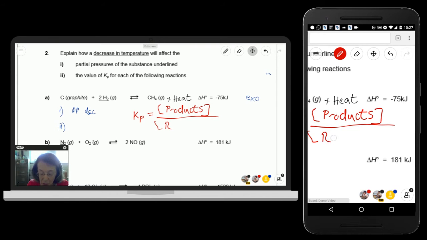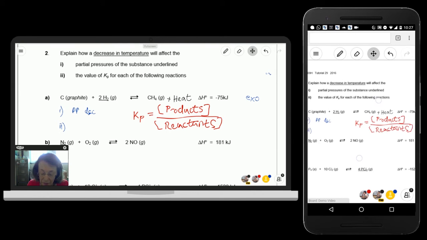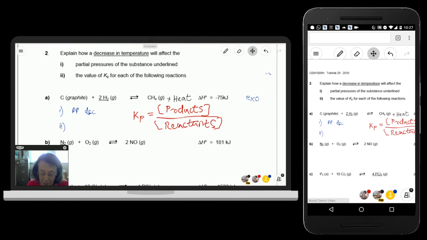The P means partial pressure, but it's effectively the concentration. So if you've said that the partial pressure of hydrogen will decrease, what will happen to the value of Kp? So Kp should decrease. Yes.